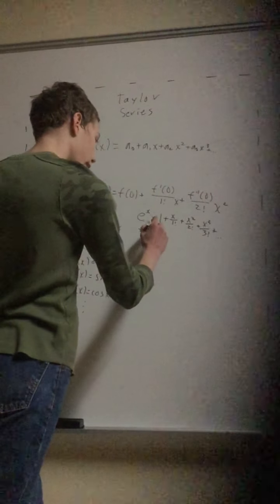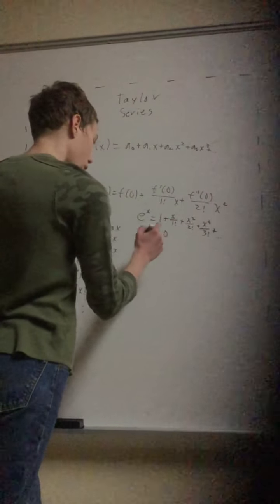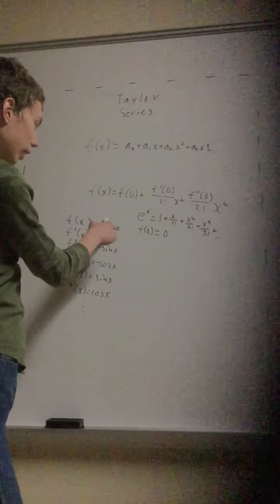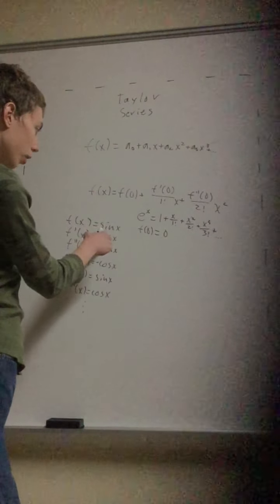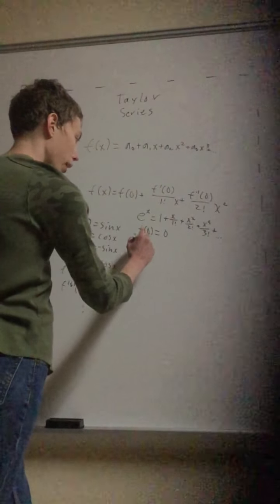So if we plug in 0, you should know that the sine of 0 is 0 and the cosine of 0 is 1. You can see that from the unit circle.